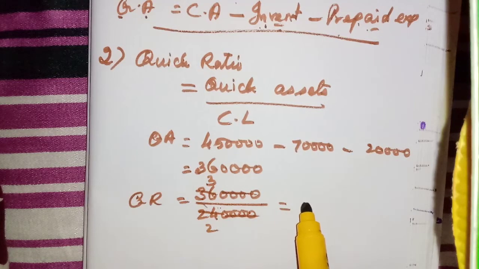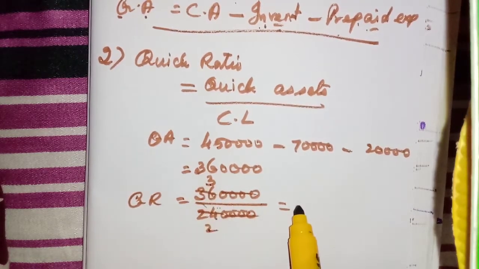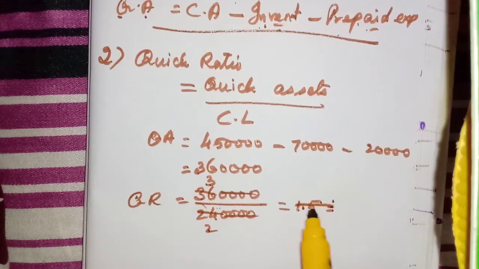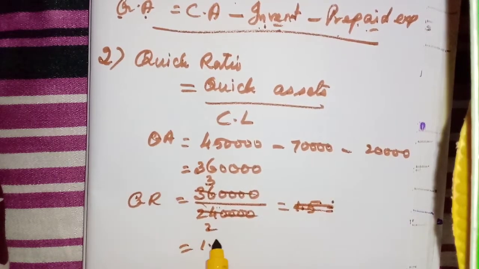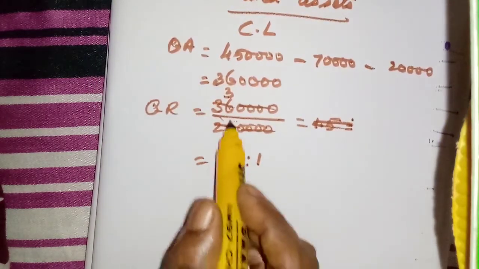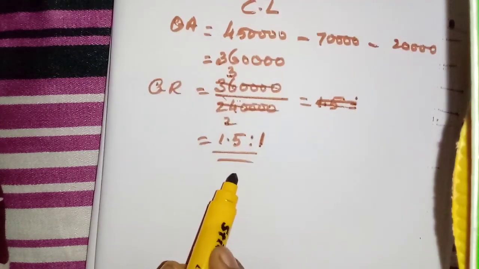So if this is 1, this is 1.5. So 1.5 is to 1. We should not write 3 by 2; in 1 only we can. If this is 1, this is 1.5. This is the quick ratio.